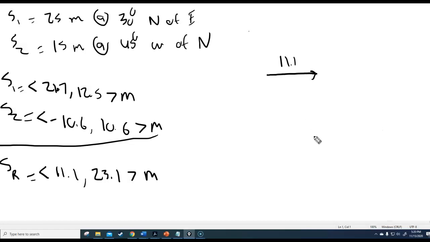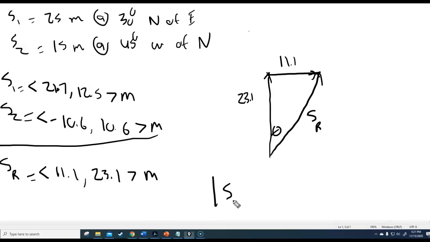And I also know it has a positive y component of 23.1. And so the overall resultant, SR, is going to be here. I'm not going to find the direction, just to save a little bit of time, but I could find that angle if I wanted to.